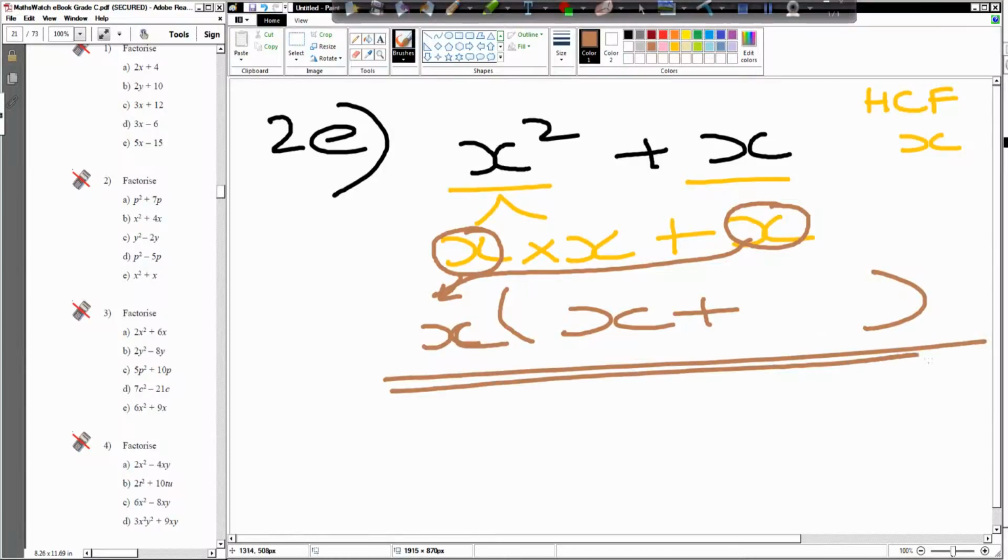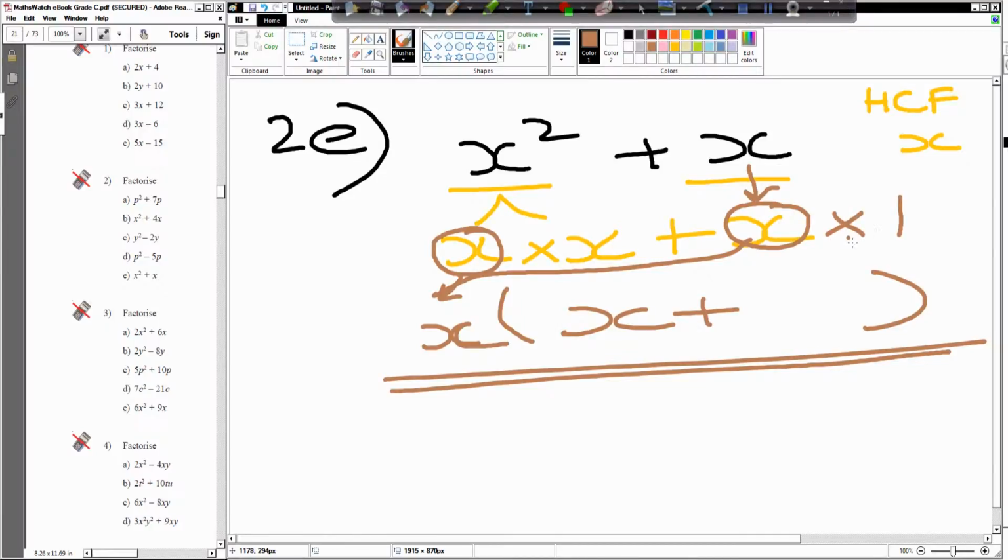This is the answer given by some students on the examination paper. Now, because the x is the full factor here, when we split up the x, we can't write it down as just x by itself. When we factorize this, x is written as x times 1.